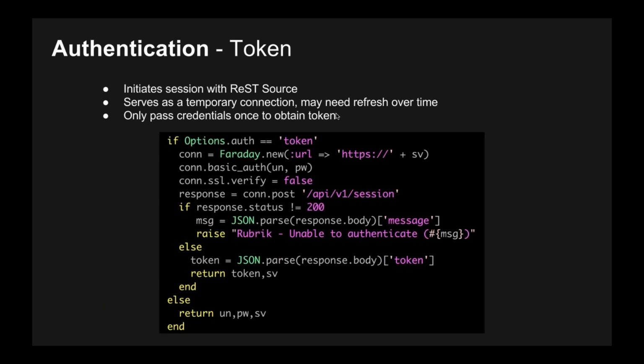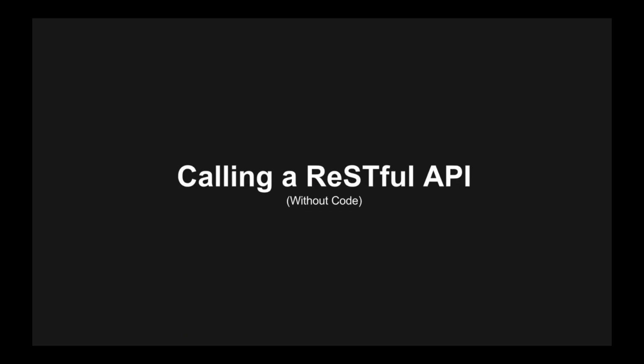Certainly on internal infrastructure, on premises, or a VPN, VPC, it should be fine to run just basic auth. But you might have use cases where you're hitting an external endpoint that is not under your control, and they require token authentication. So those are two of the major use cases for authentication.